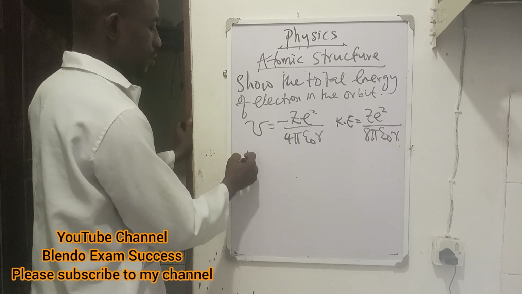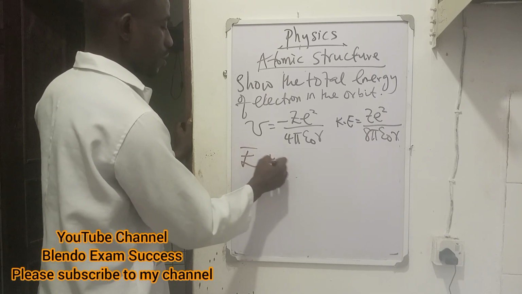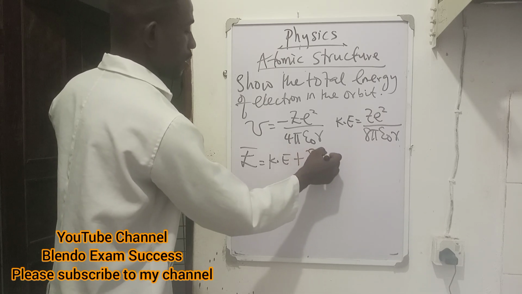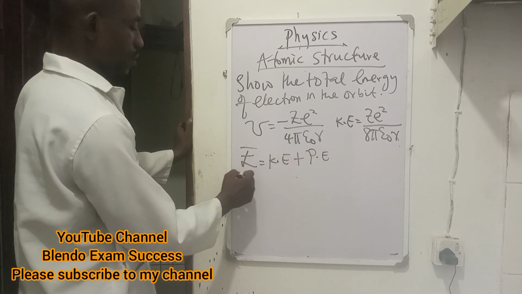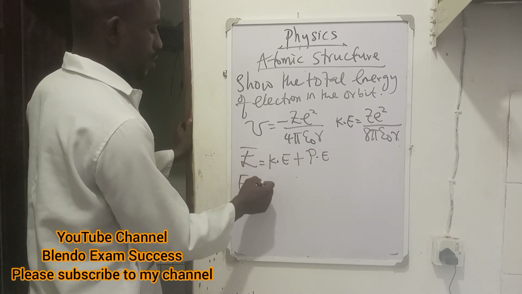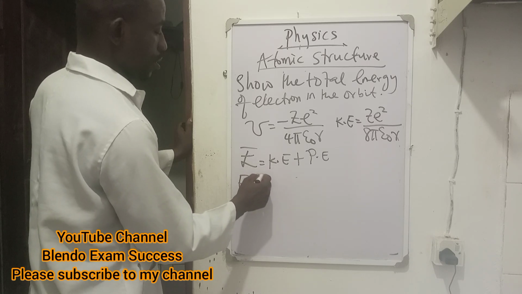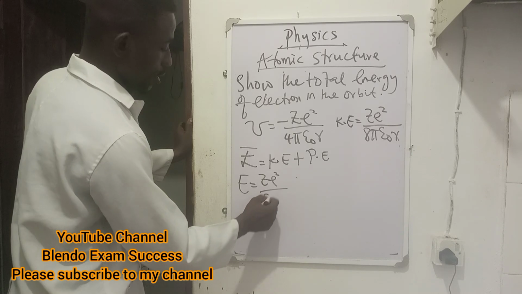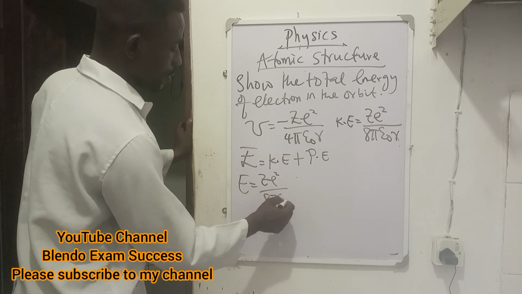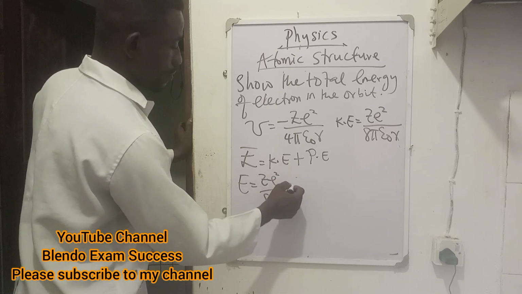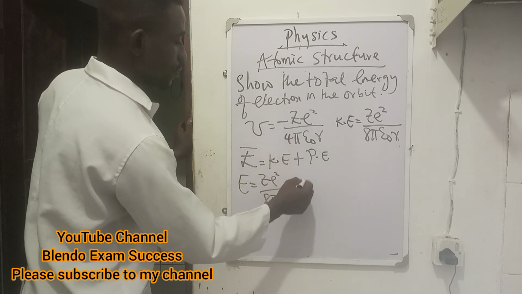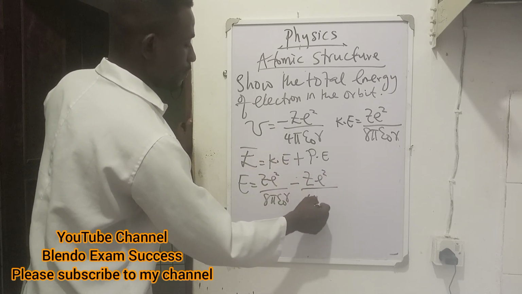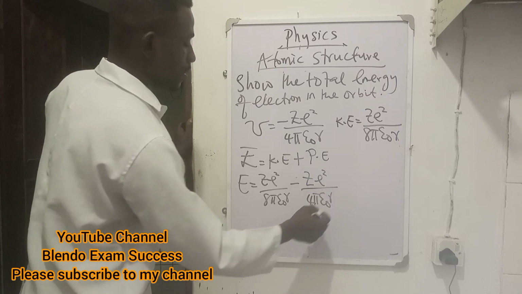So total energy is equal to kinetic energy plus potential energy, and that is Ze squared over 8 pi epsilon naught r minus Ze squared over 4 pi epsilon naught r.